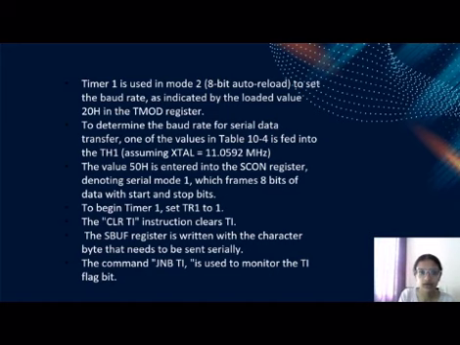Setting the SCON register to 50H configures serial mode 1, which includes 8 data bits framed by start and stop bits. Timer 1 is started by setting the TR1 bit to 1, and the instruction CLR TI is used to clear the TI flag.